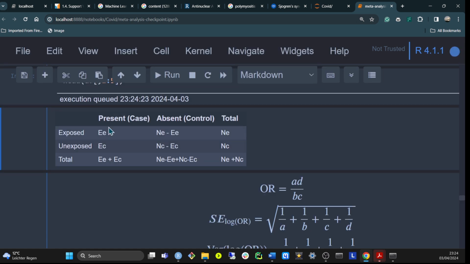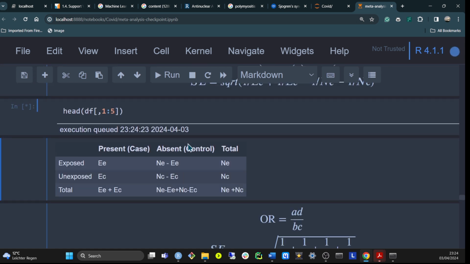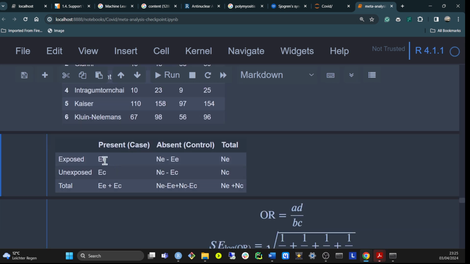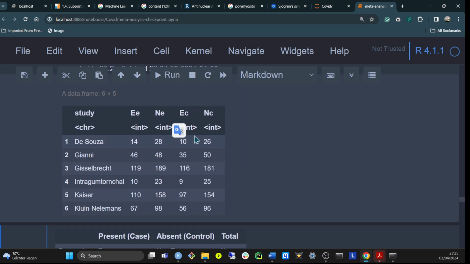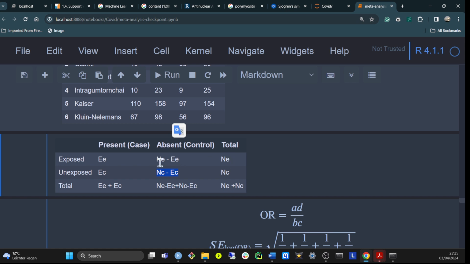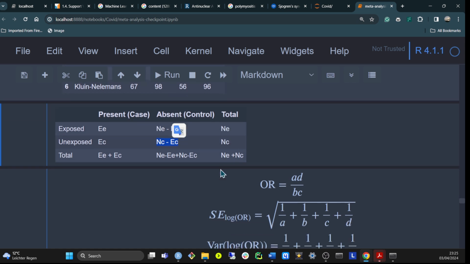Here we have the observed value, but we need to calculate the expected value for this particular group. The way we do it, if you know the traditional chi-square formula for the expected value, is row total times column total divided by the grand total. The row total for this row, where this value is located, is NE, and the column total, where this event is located, is EE plus EC.